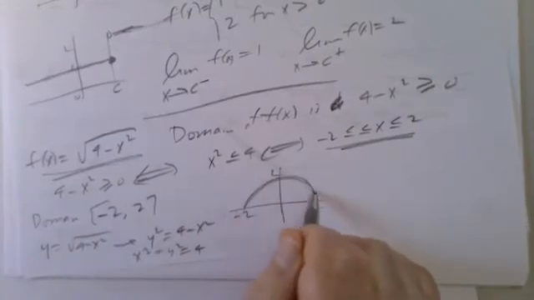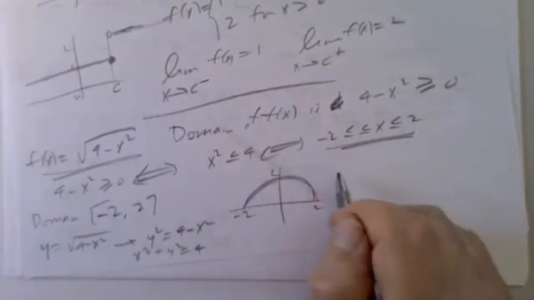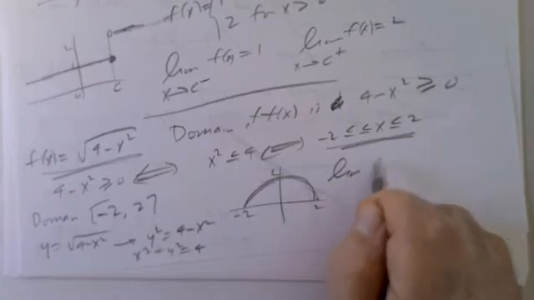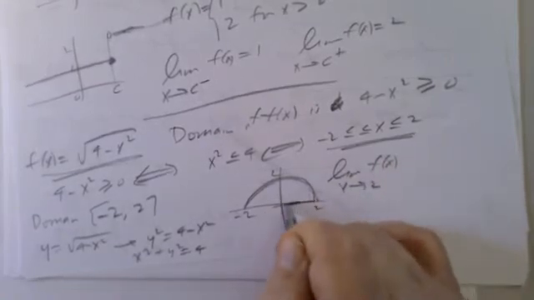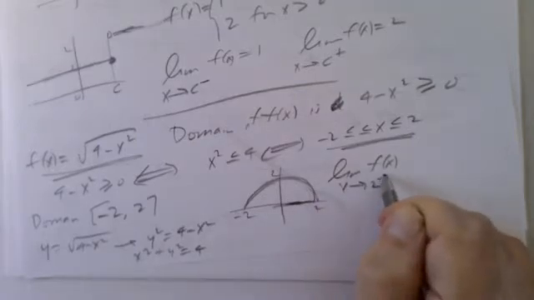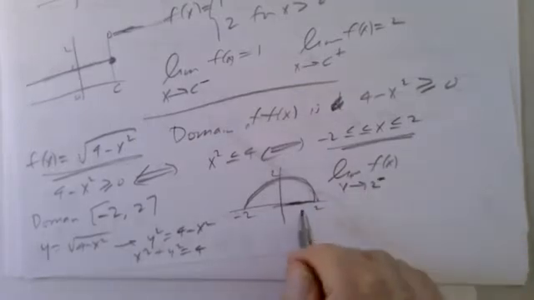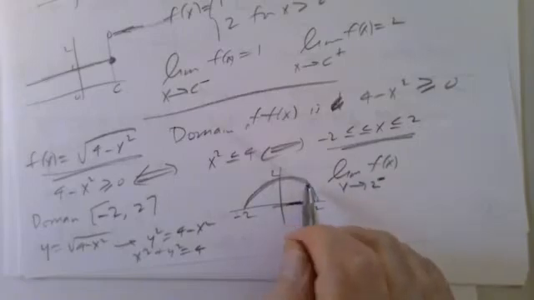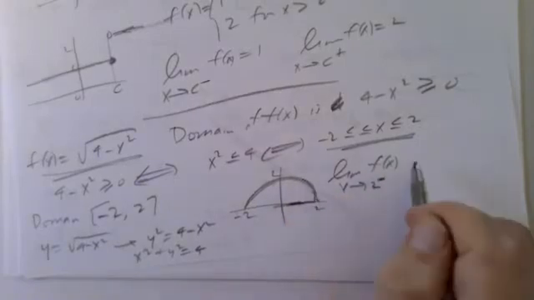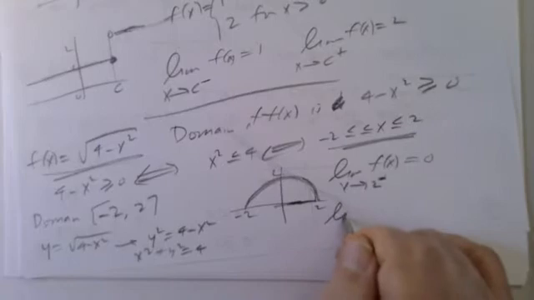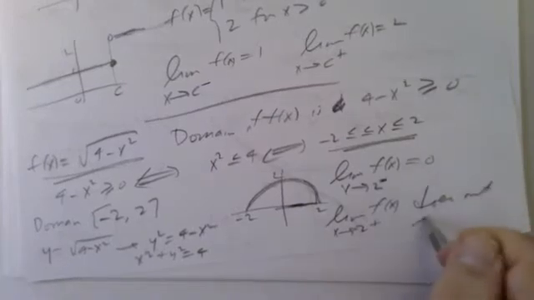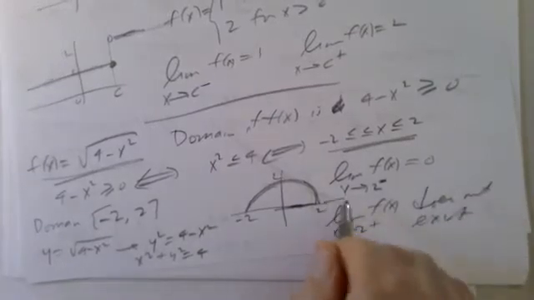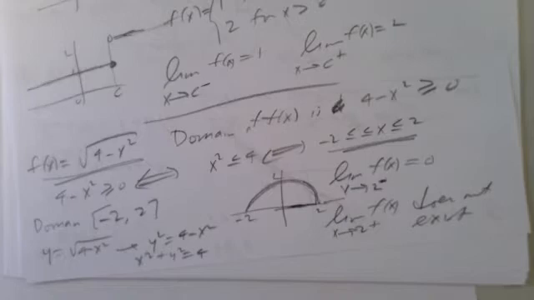It's a semicircle. And the limit of f of x as x approaches 2 from the left, the function is going to 0. The limit of f of x as x approaches 2 from the right does not exist because the function is not even defined there.